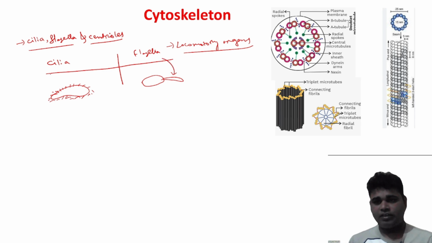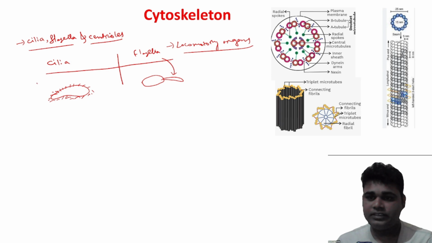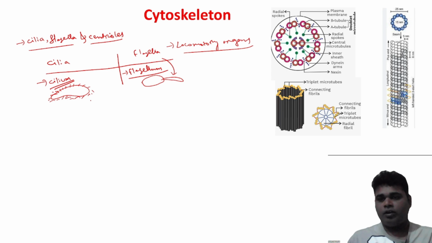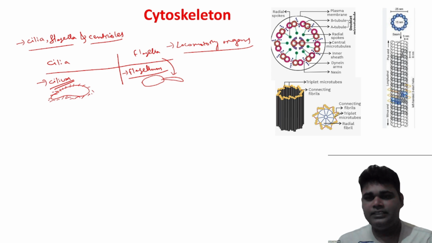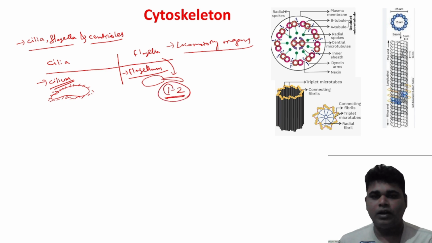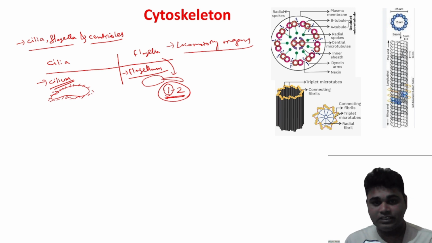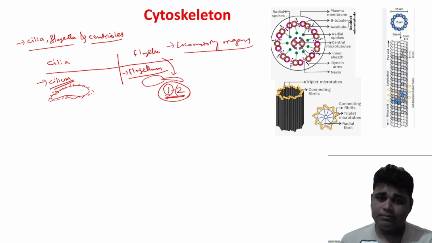So the singular term of cilia is cilium. That means one cilia is called a cilium, while one flagella is called a flagellum. Okay. So the number of cilia is always high, but the number of flagella is maximum one or two, mostly a single flagellum, or maximum two flagella.